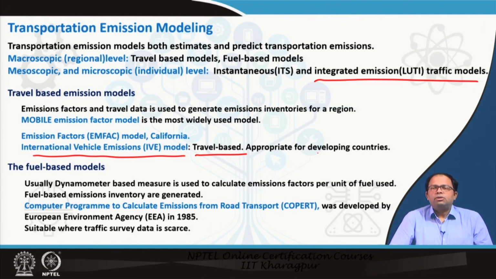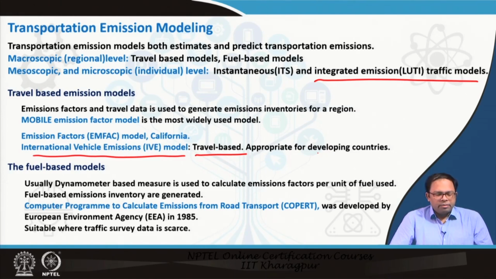And we actually do different kinds of cycles, that is, how a vehicle typically operates, and based on that we get the fuel usage, and from that we can estimate. So more or less the structure is similar to MOVES, the mobile emission model, but instead of travel it is based on fuel used.